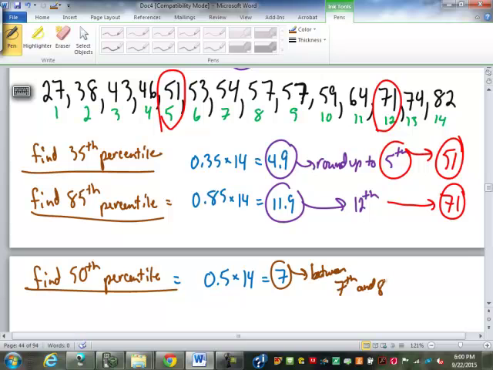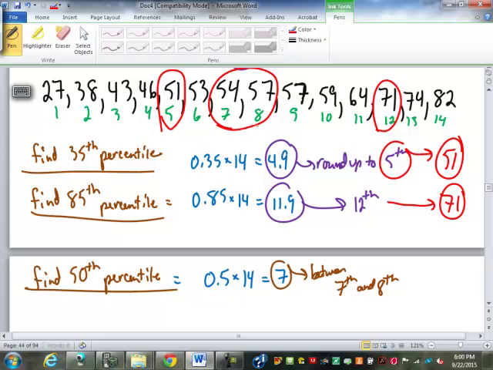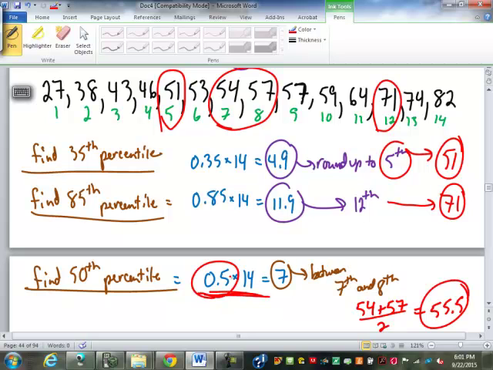So between the 7th and the 8th number. So that would be between 54 and 57. So 54 plus 57 is 111 divided by 2 is 55.5. Note, by the way, when we found the median, what did we multiply n by? 0.5. The 50th percentile is the median.